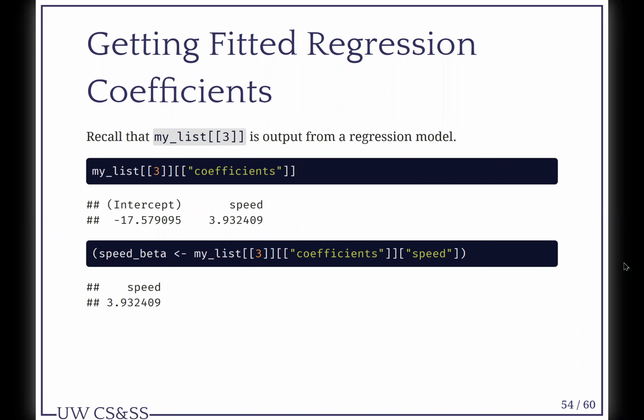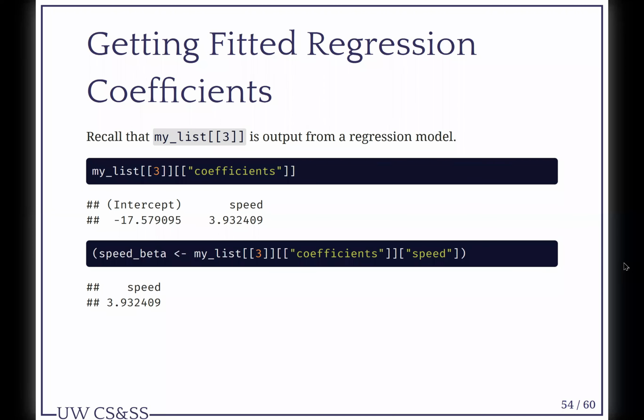So I want to talk about getting fitted regression coefficients. Recall that the third element of my list is an output from a regression model. So we could say my list, double brackets 3 to get that third element, and then double brackets again to get just the coefficients. Okay.